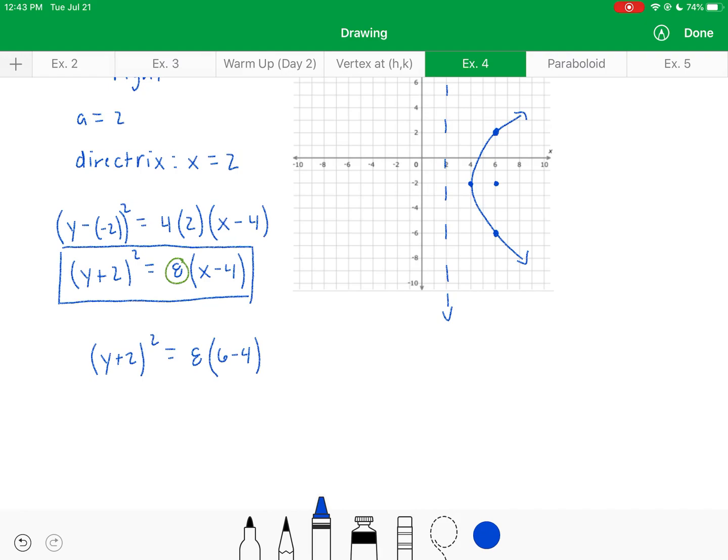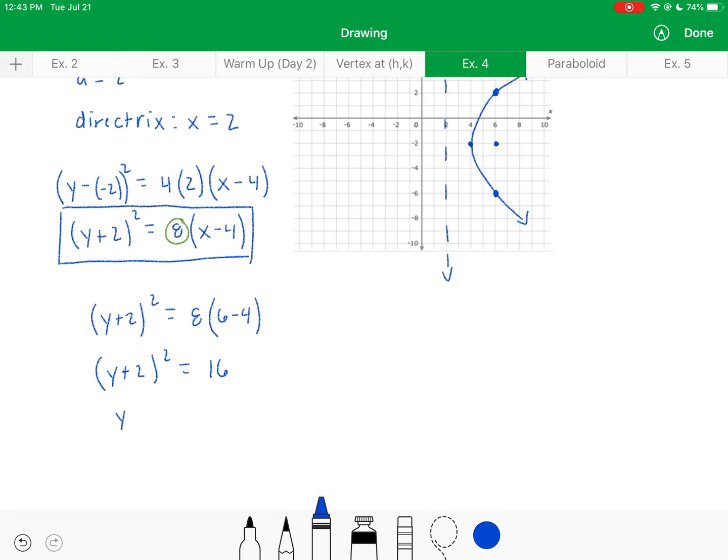So 6 minus 4 is, of course, 2. 2 times 8 is 16. y plus 2 squared equals 16. Square root both sides. y plus 2 is equal to plus or minus 4. If I subtract 2 over, 4 minus 2 is 2. Negative 4 minus 2 is negative 6.